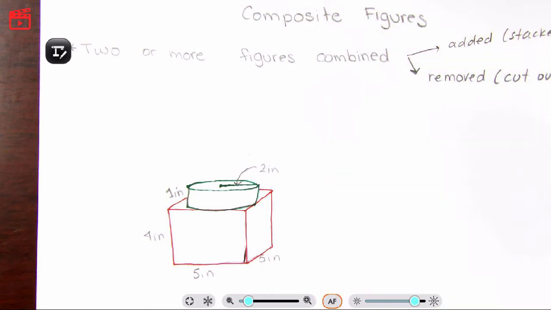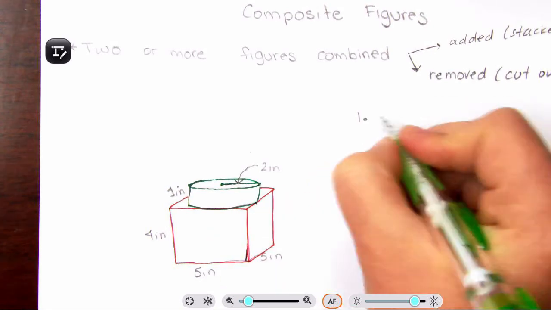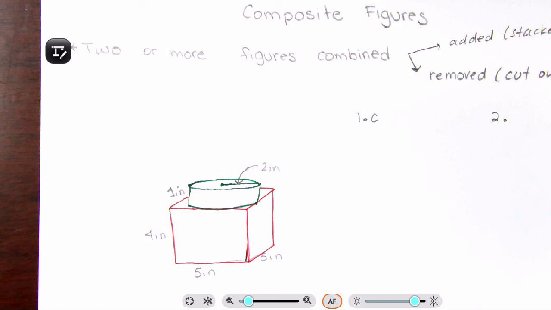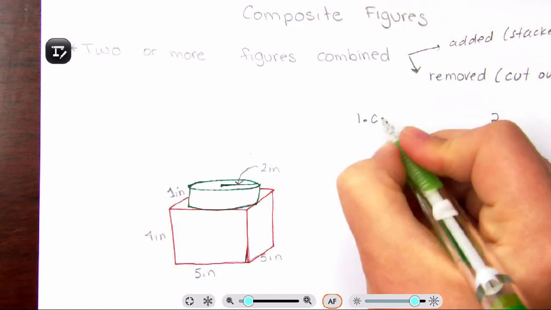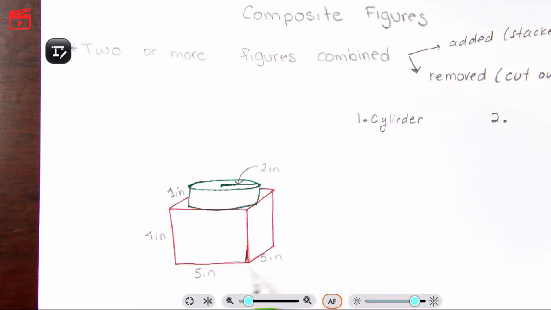Let's identify what we have. The first one is a cylinder. How do I know it's a cylinder? There is a circle on top and a circle on the bottom. Second one, this right here is a 5, 5, and a 4. So it's not a cube, but it is a rectangular prism.